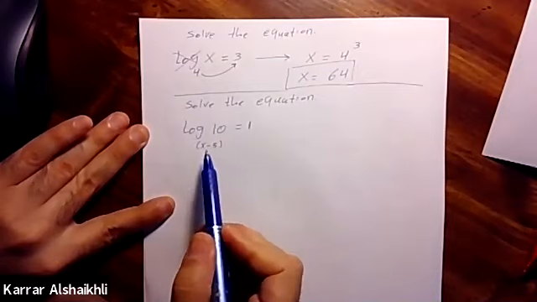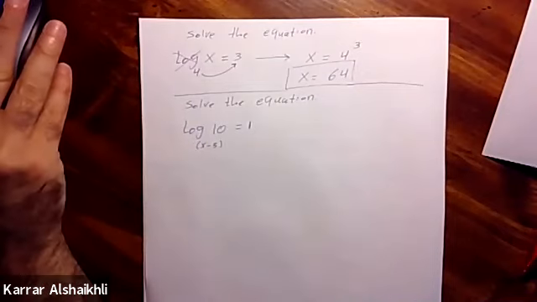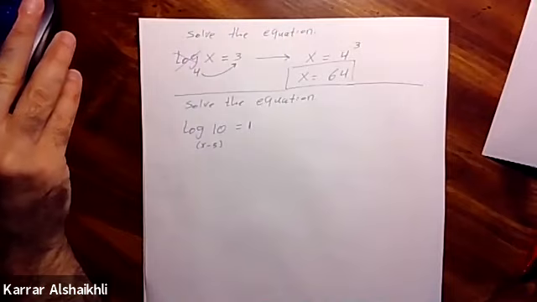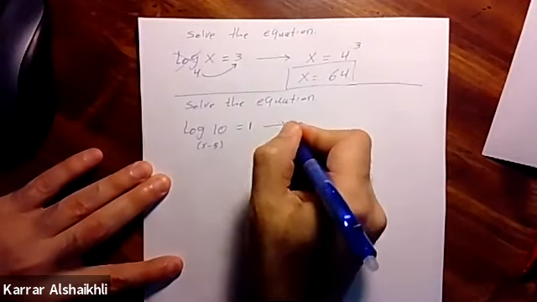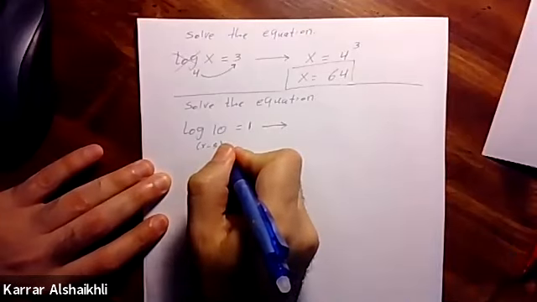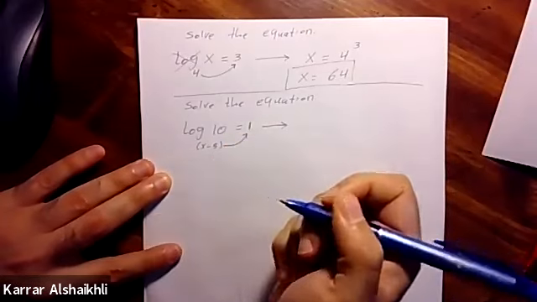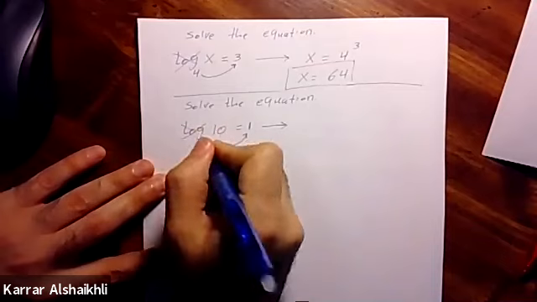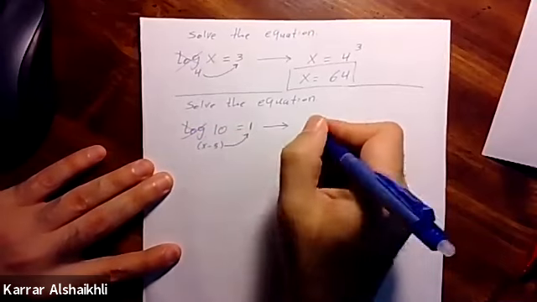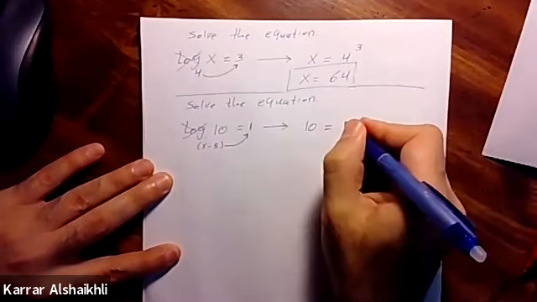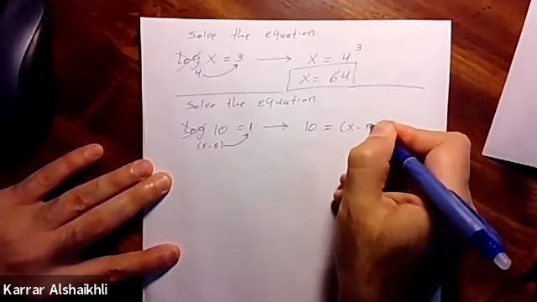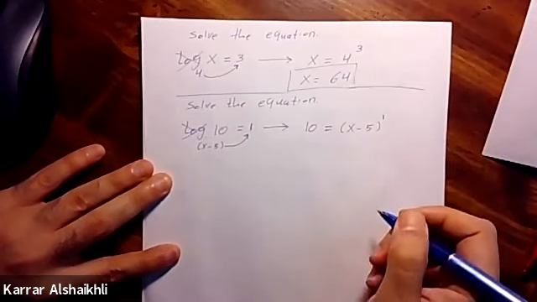The base in this example is x minus 5. So to solve this one, we're going to convert it to the exponential form. How? By moving the base to the other side and canceling the log. The leftover on this side is 10 equals x minus 5 to the exponent 1.